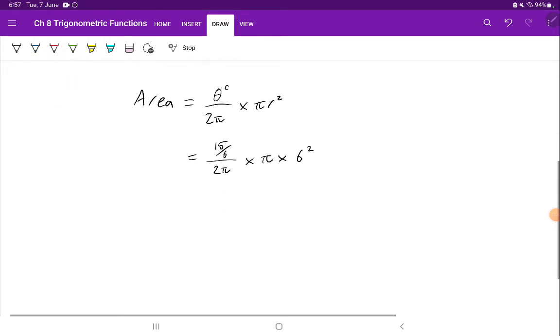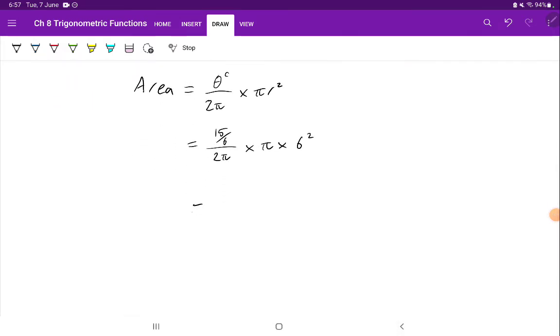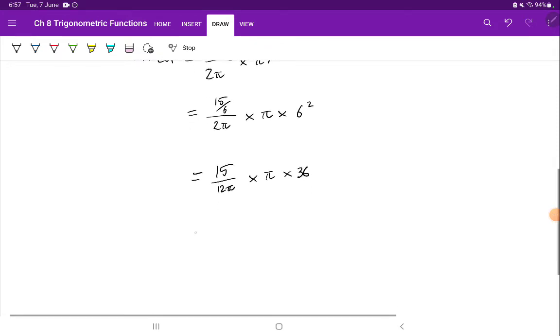Let's see how much of this we can do without a calculator. Alright, so like before, we're going to get 15 over 12 pi times pi times 36. The pi can actually cancel with this pi here.